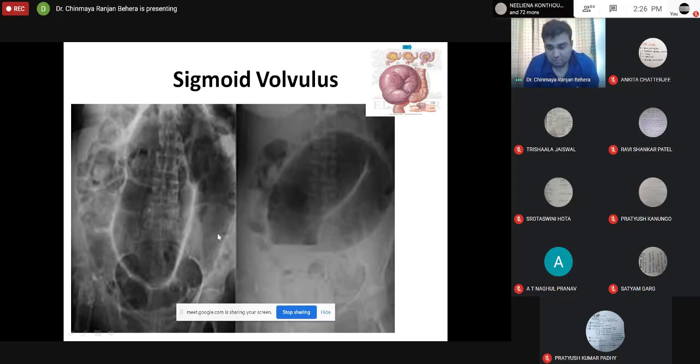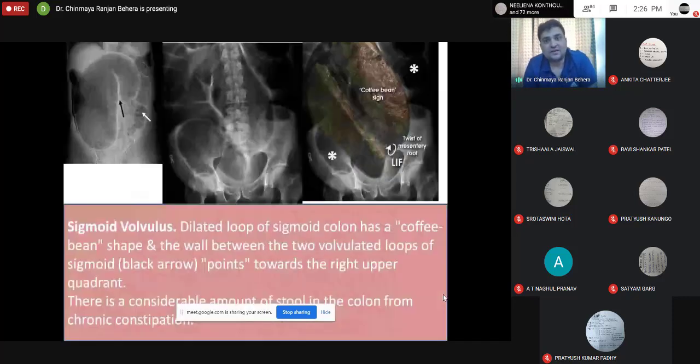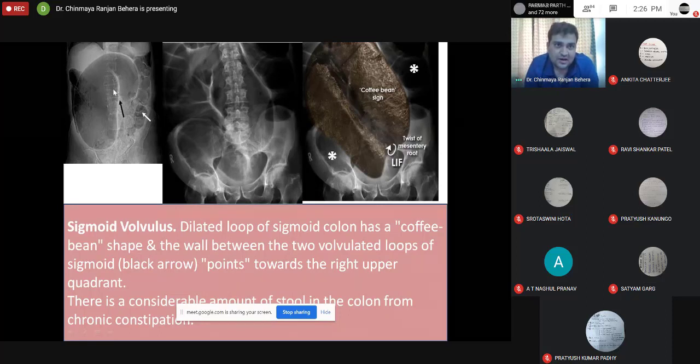When you see this kind of X-ray, this corresponds to a coffee bean sign. What you see here is a dilated loop and an arrow, that is the mesentery, pointing towards the right upper quadrant, something like a coffee bean. That is why it is called a coffee bean sign. These are typical features of a sigmoid volvulus.